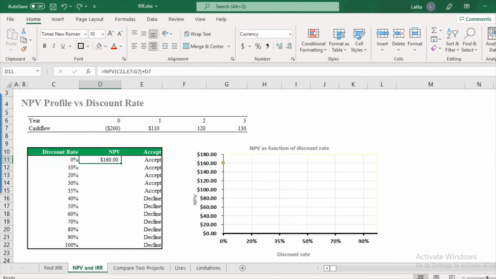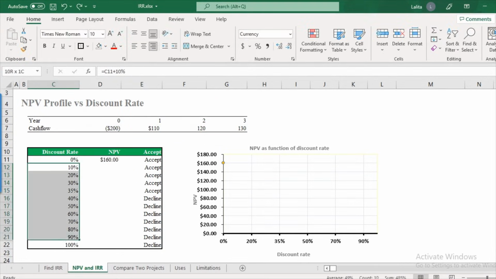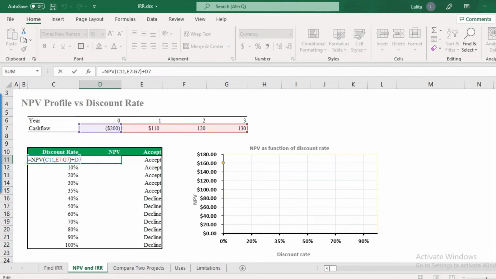Okay, so now that we have this calculation of NPV for 0%, we can do the same for the other discount rates as well. I can actually copy paste the same formula, but with a minor tweak. I want to use the dollar signs along with these ranges, so that they don't move when I copy and paste the formula from top to bottom.